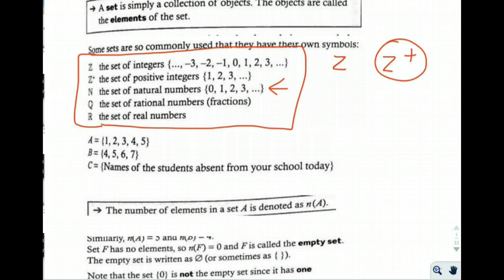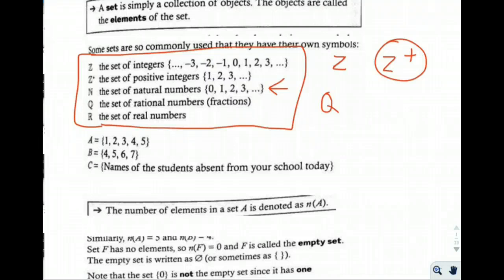Q is the rational numbers, which can be represented as fractions. And what is not a rational number? Well, the decimals that go on forever without repeating, like pi and square root of 2. The set of real numbers is all the numbers we work with in math studies.